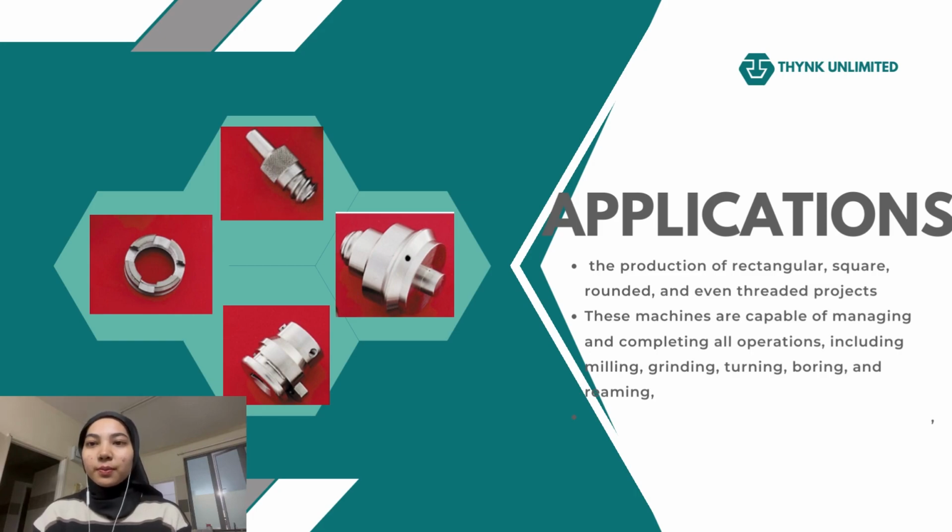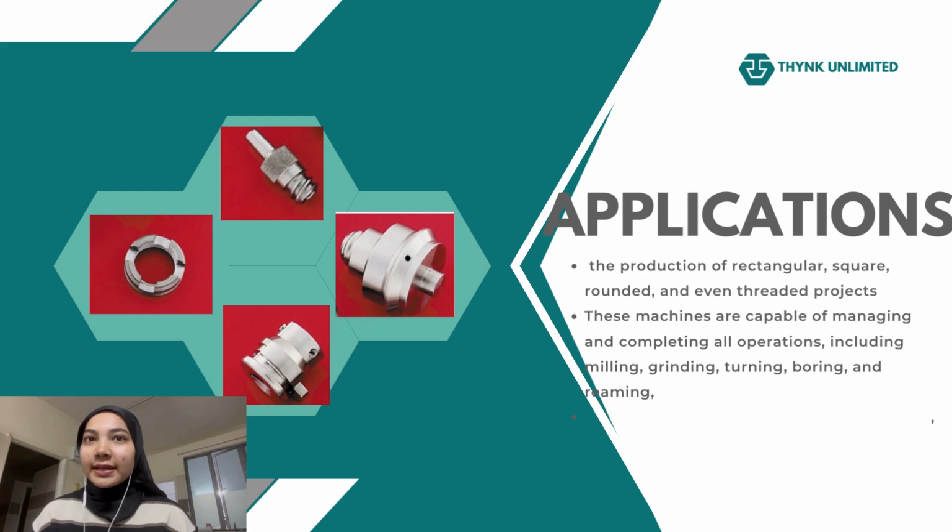This is the topic review. First of all is application. For the production of rectangular, square, rounded and even 3D projects, CNC machines are applied in the manufacturing sector. These machines are capable of managing and completing all operations including milling, grinding, turning, boring and reaming.